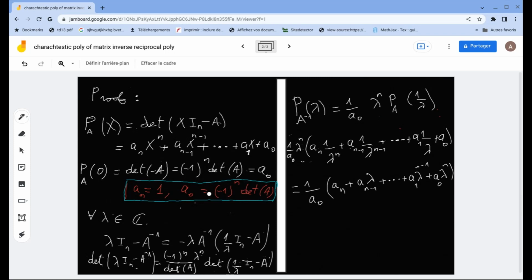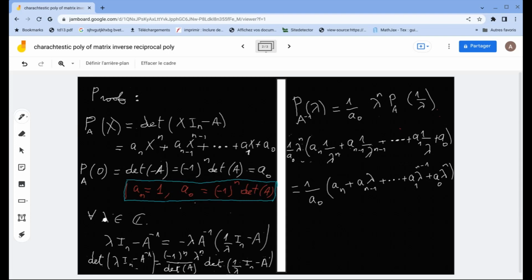So the coefficient a0 is equal to minus 1 power n times the determinant of A. Minus 1 power n determinant of A is the last coefficient. The first coefficient is 1.